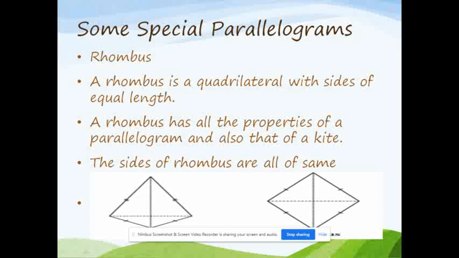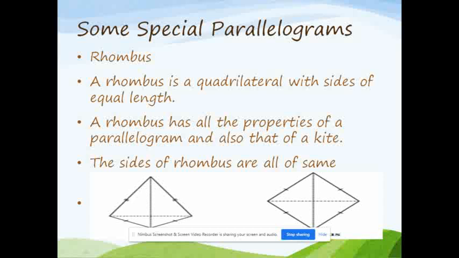Then third thing, according to the condition of a kite, already we know the properties of a kite. In a kite, pairs of sides are equal, and adjacent sides have equal length. So one thing is very clear here: a rhombus has all four sides equal, but it has no equal opposite angles.